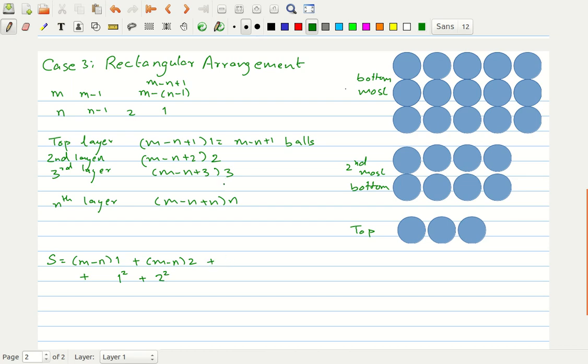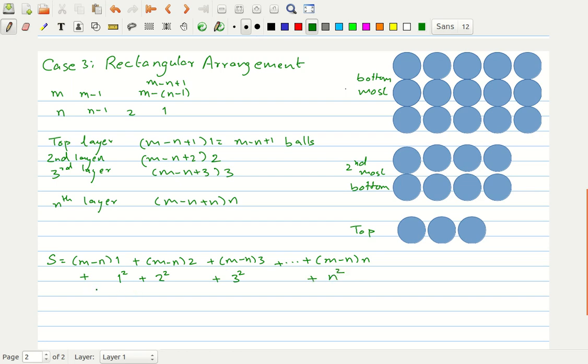Then this is m minus n times 3 plus 3 square, and finally this will be all the way up to n times m minus n, right? Let us be consistent in writing what we are writing. So this will be m minus n times n plus n square.